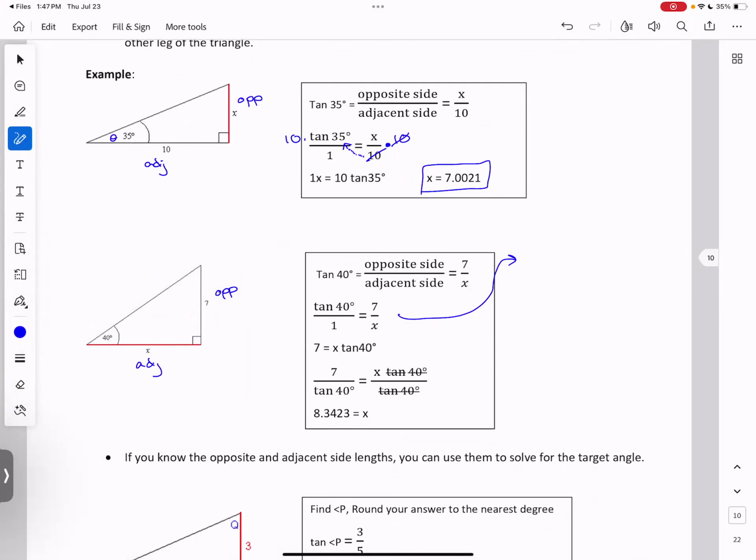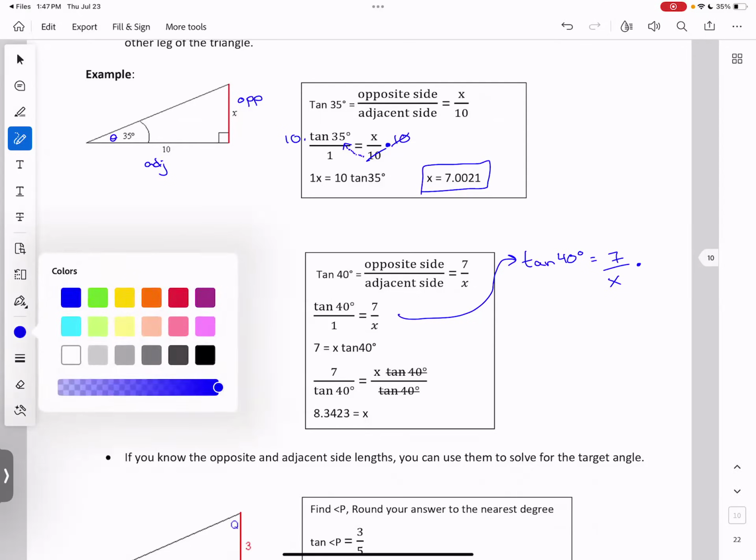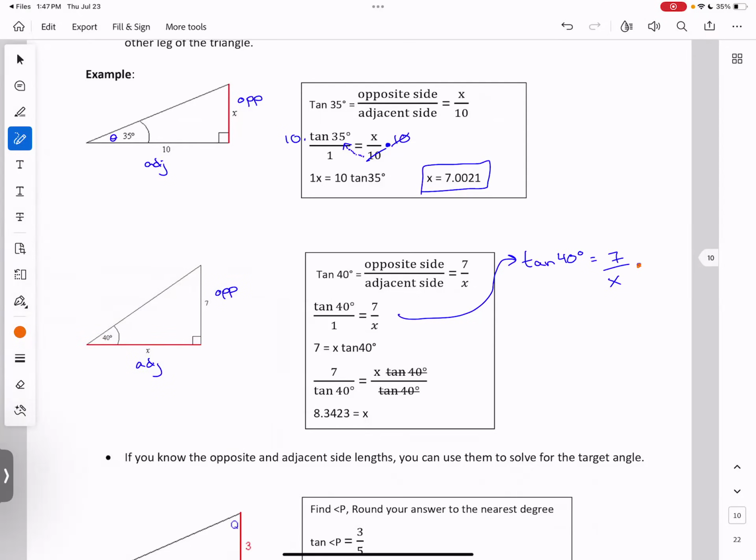So a couple ways you can do this. So we can think of this with algebra. Okay, we're trying to solve for x. So let's get x out of the denominator by multiplying both sides by x. That gives you x times tan 40 equals 7, or x's cancel on the right.